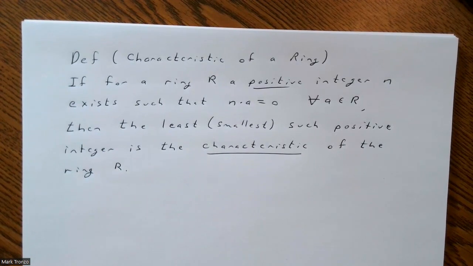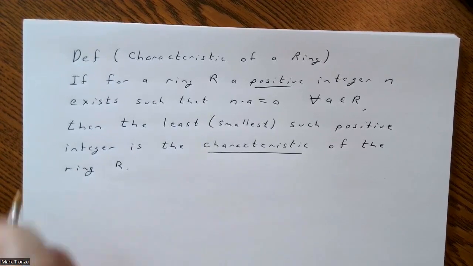So if there's a positive integer such that if you take that positive integer times every element in R and you get 0, then the smallest of those is called the characteristic.